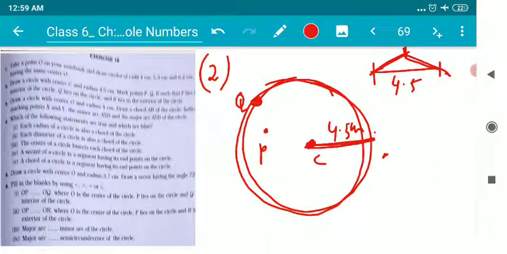So suppose this is the exterior point R outside of the circle. So I drew 3 points P, Q, R. P is in the interior of the circle, Q lies on the circle, and R is an exterior point.